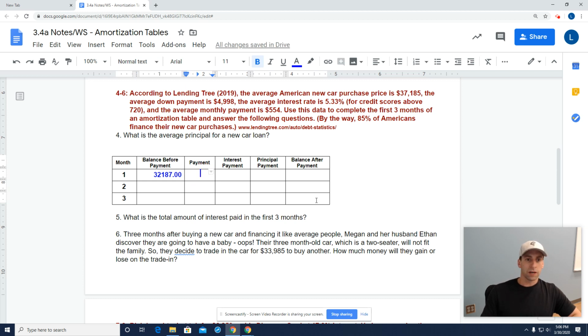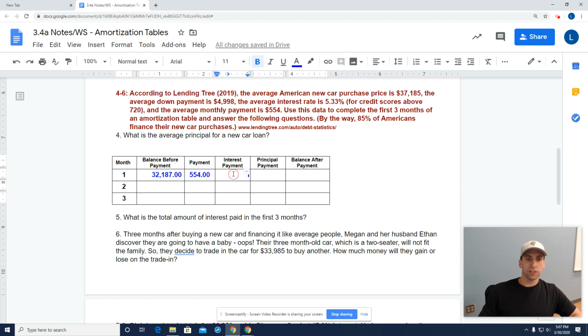All right. Now our payment was given to us up here, $554. And our interest amount, I guess I should put the 0.00. There we go. Oh, I should have put my comma in here too. Let me fix this up so you can read it better.